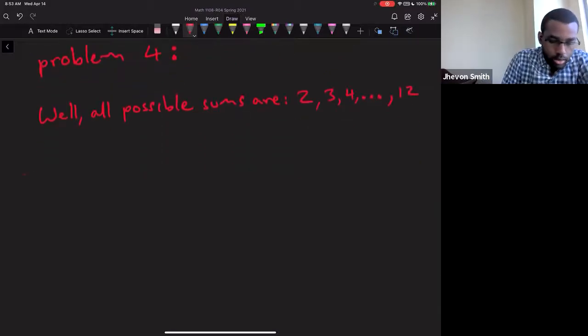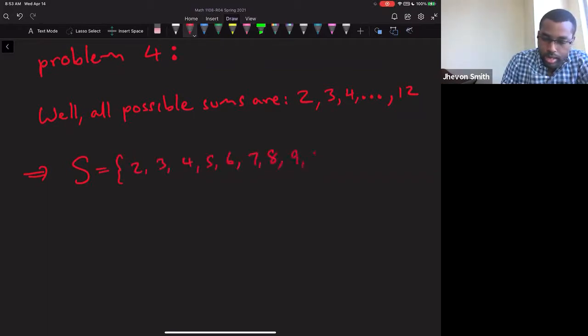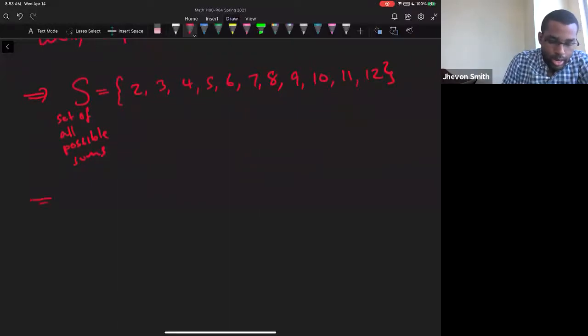So we could set S to be all possibilities: 2, 3, 4, 5, 6, 7, 8, 9, 10, 11, 12. So we can say that S is the set of all possible sums. And then we can get that the size of S would actually be 1, 2, 3, 4, 5, 6, 7, 8, 9, 10, 11.